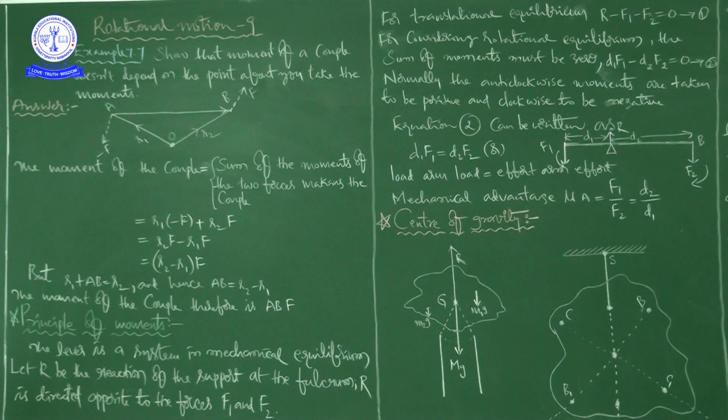So this one is perpendicular and this one is also perpendicular to the lever. What are these distances D1 and D2? Distance of force F1 and distance of force F2. So this is D1 and this is D2.